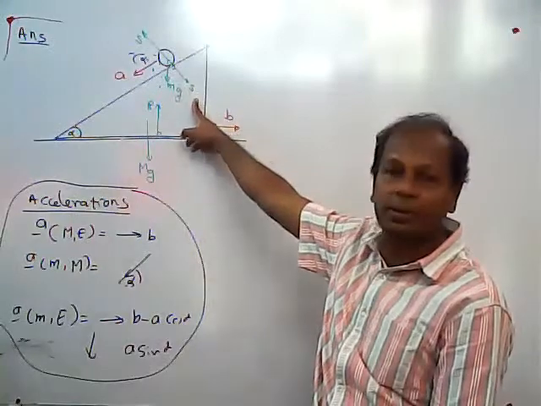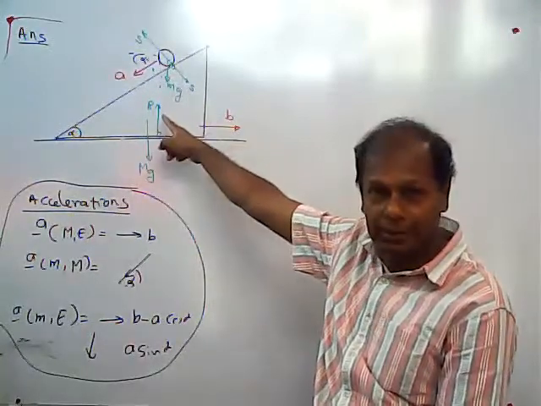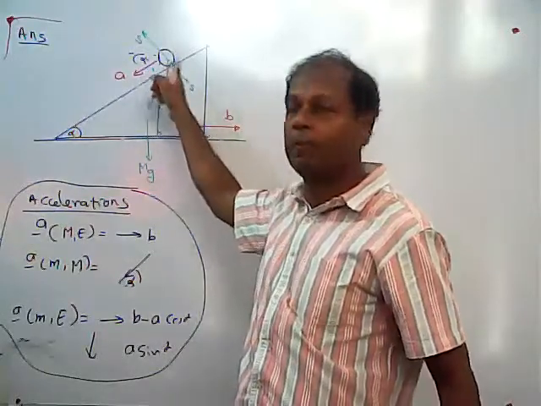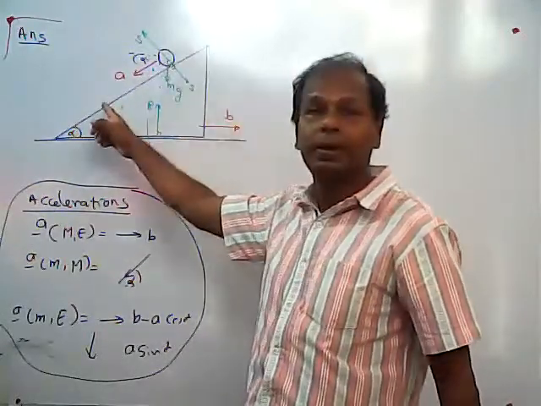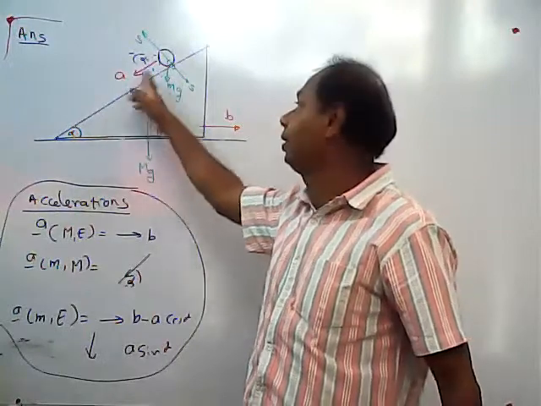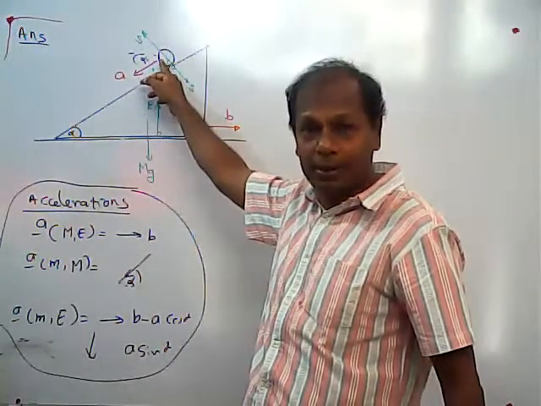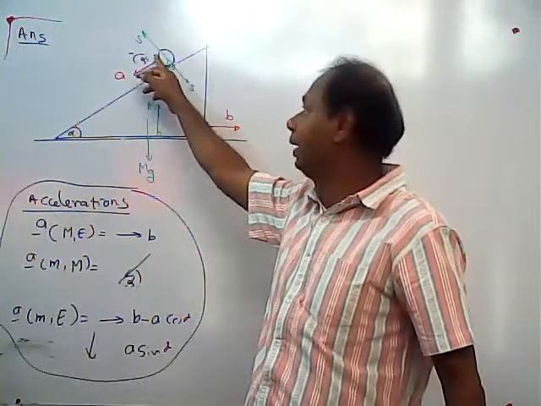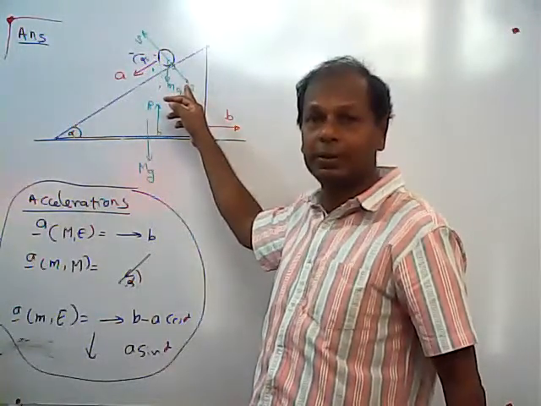S is not just a force by mg. It is the reaction between these two, the particle and the inclined face, right? There is some reaction on the particle, then Newton's third law. There should be an equal and opposite one on the wedge.